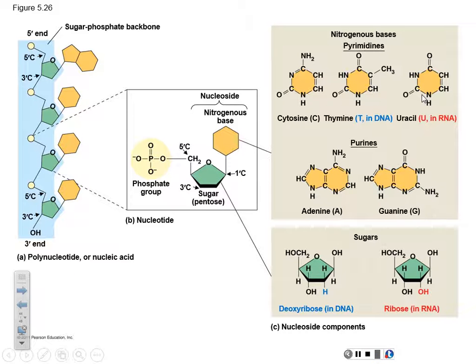You don't have to know that this particular pyrimidine is cytosine as opposed to thymine, but notice that there's that methyl group there that's not there, there's the amino group there that's not there, right? There are differences between them, it's just you don't have to worry about them right now. So, again, the way that information gets stored in DNA is the specific sequence with which nucleotides get strung together by way of phosphodiester linkages to make a long polymer.